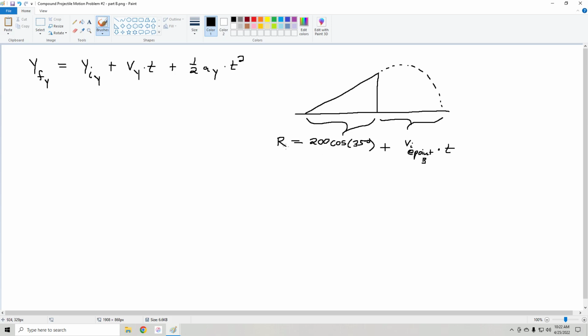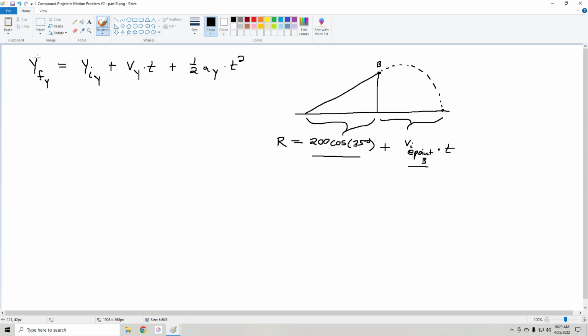So we already know part of the range. This is just a number. That's pretty easy. We know what the initial velocity was at point B, but we don't know the amount of time that it was in the air. And hence, we're going to use this equation to solve for the time that it took to get from point B down to the ground.